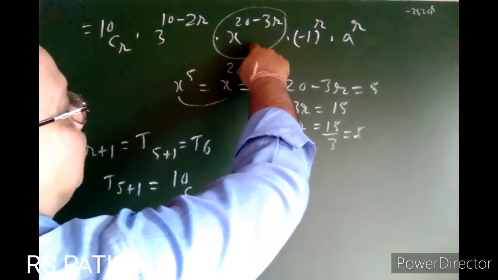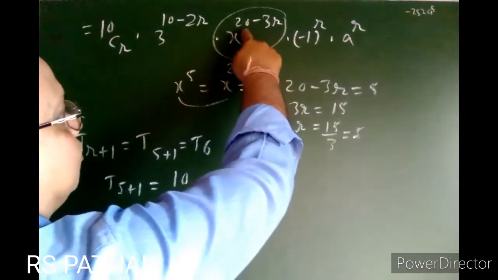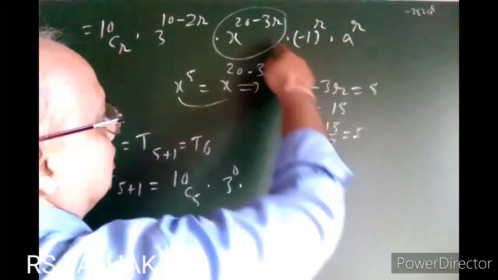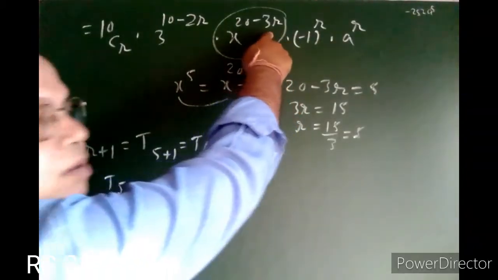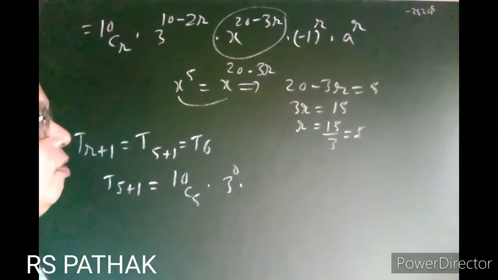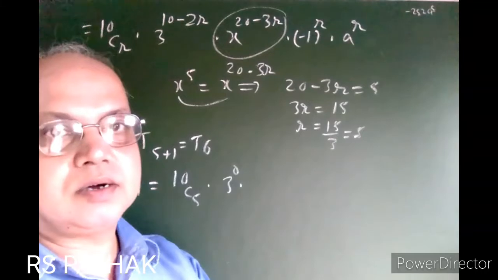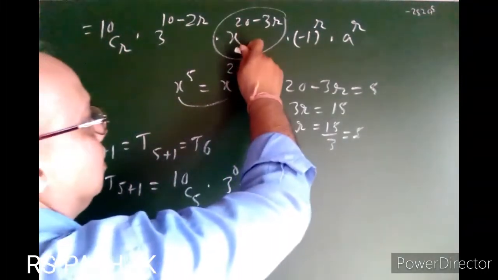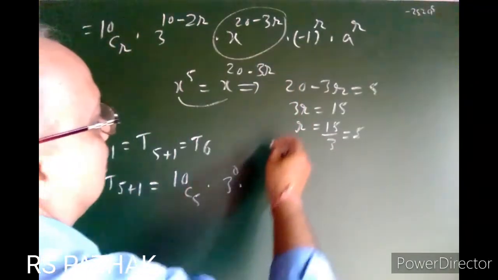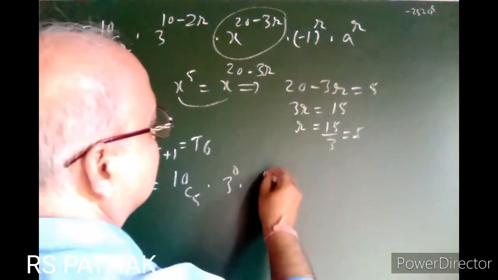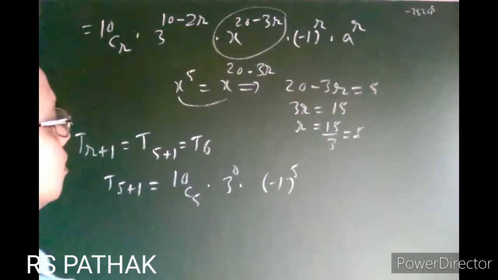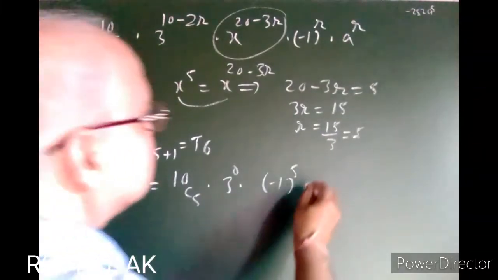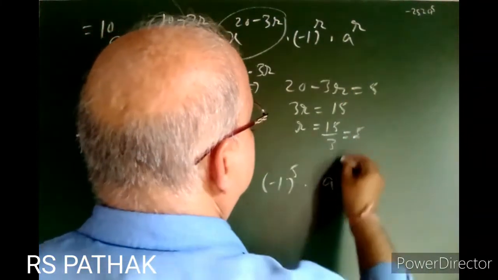This term will become x to power 5 because 20 minus 3 into 5, 20 minus 15 will be x to power 5. You have to find the coefficient of x to power 5. Therefore, it will be omitted. And this minus 1 to power 5 into a to power 5.